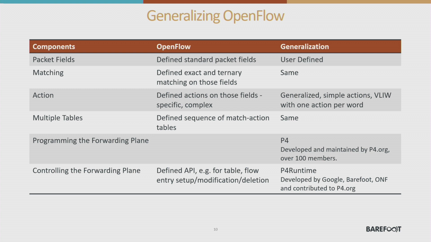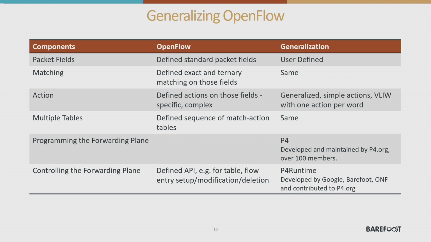But it turns out that even complicated operations are a simple operation per header word done to many words in parallel. So we map that to a VLIW architecture with one ALU per word. And so an action consists of one VLIW instruction modifying all words in parallel. And we defined a simple instruction set for each processor.